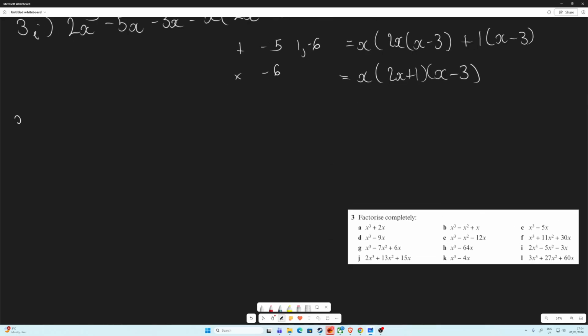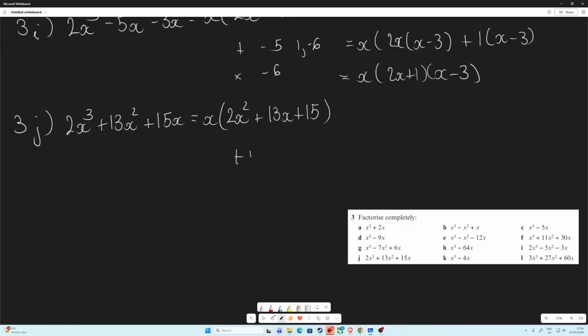3j. We have 2x cubed plus 13x squared plus 15x. Let's take x out again. We're left with 2x squared plus 13x plus 15.